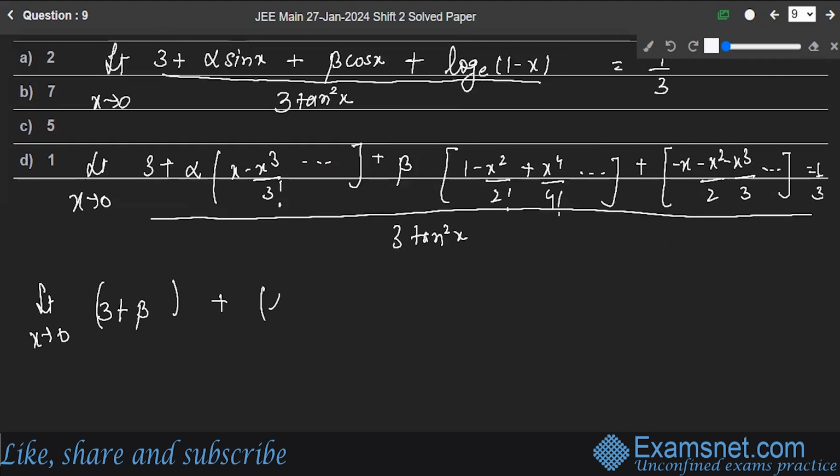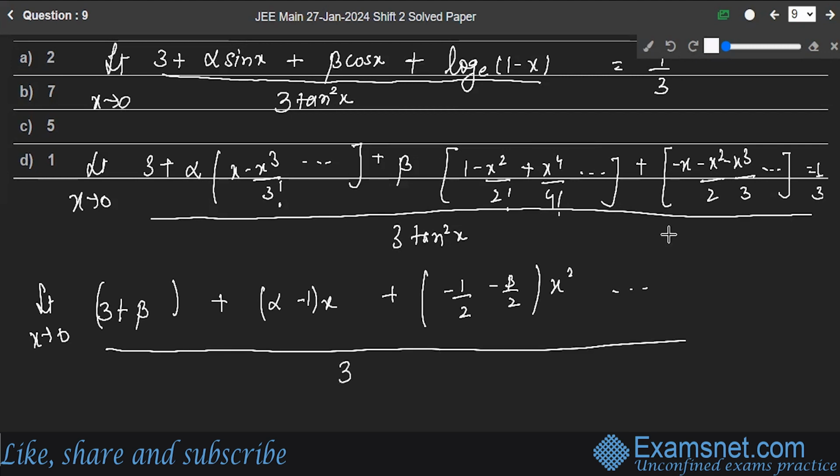Plus I'm taking the x coefficients now, alpha minus 1 into x, plus I'm taking the x square coefficients now. These are the x square coefficients, and so on, upon 3x square. I have taken tangent square x as x square over here, multiplying the numerator and denominator by x square. Now this is equal to 1 by 3, right?